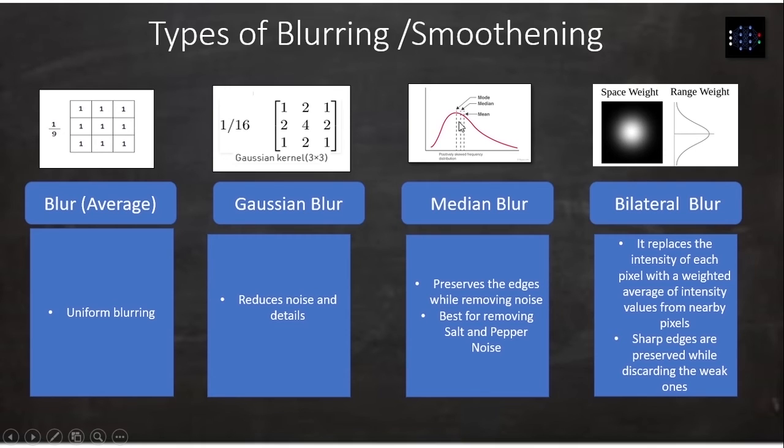Fourth one in this series of blurring smoothing techniques is bilateral blurring. Here we need to understand there are two functions: one is across space and the other is across the colors. If you observe this, you can assume it is a space in the sense that from the center it is going away like this, right?